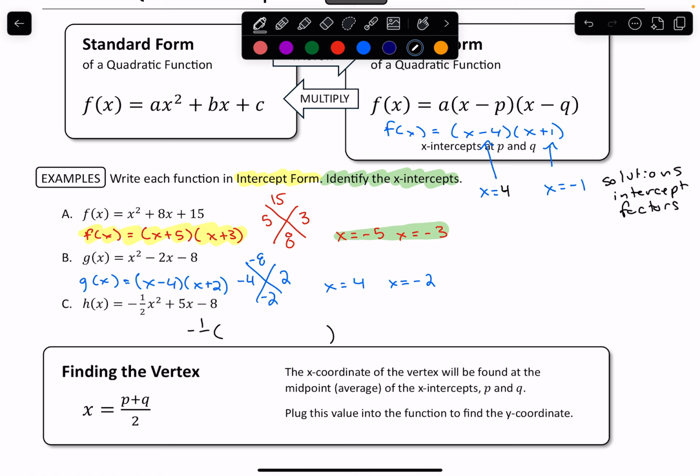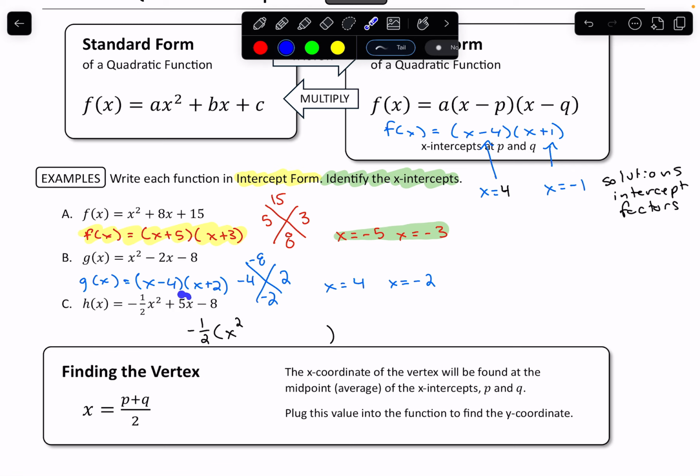So I'm going to factor out -1/2, which means all of these terms are going to get divided by -1/2. So -1/2 x squared, when I divide that, I end up with x squared.